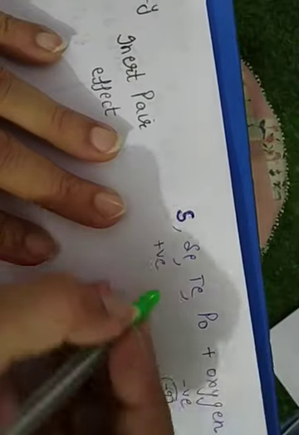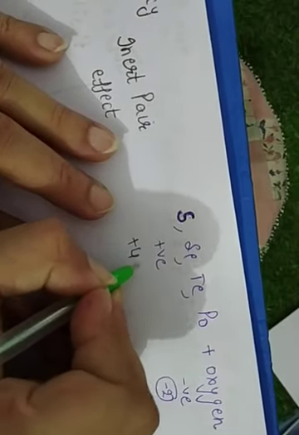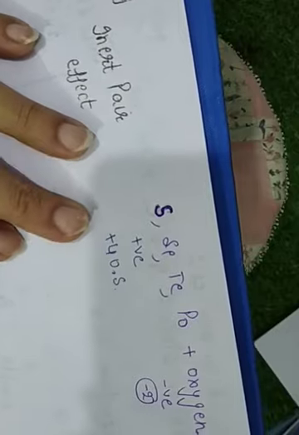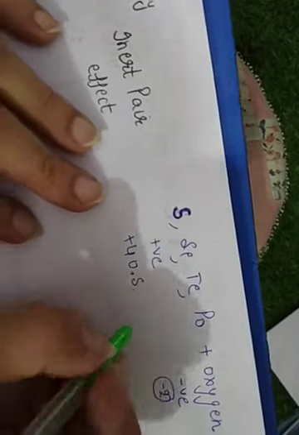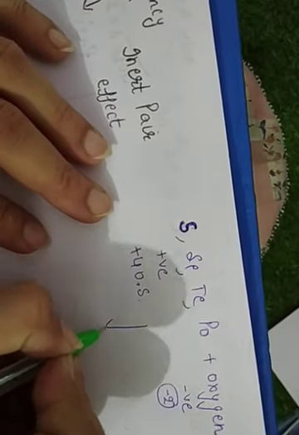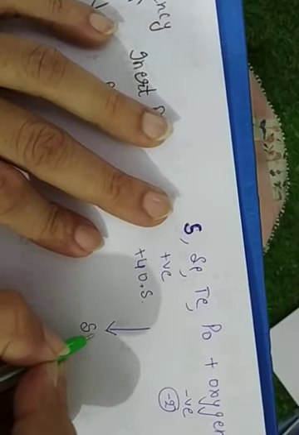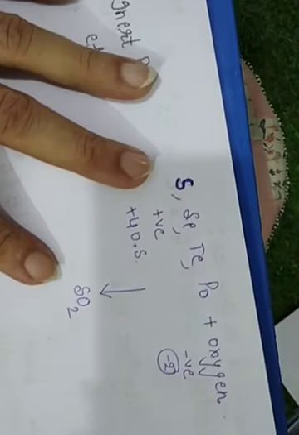So here they show the +4 oxidation state. Now take their compound, for example sulfur with oxygen, that is SO2.